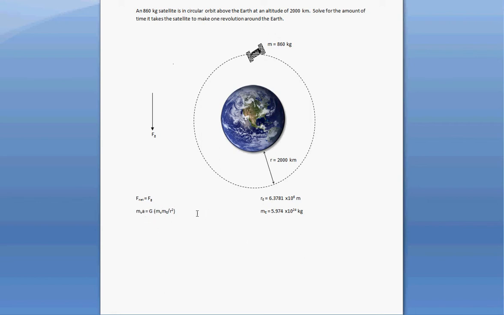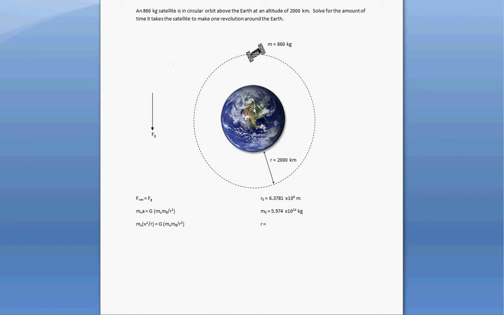Because this mass is orbiting in perfectly circular motion, this acceleration is v squared over r, because that's the acceleration for an object moving in perfectly circular motion. So we'll bring this side down here.